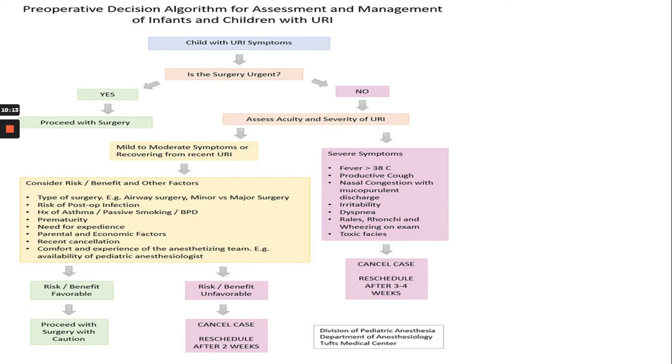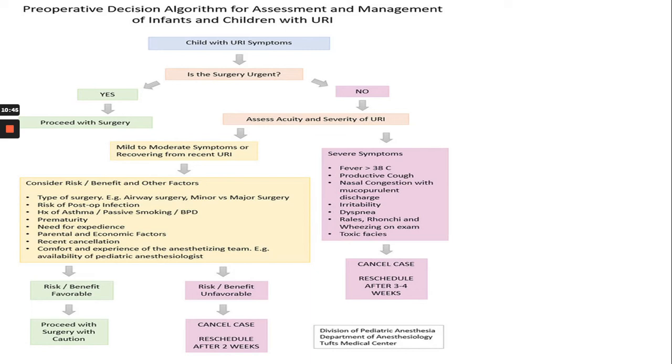We need to understand that when they developed these algorithms, they were developed not for pediatric anesthesiologists working at tertiary or quaternary care hospitals, but for a lone anesthesiologist working in a surgical center where there's very minimal support. So a lot of the decision making needs to depend on the environment the child is being operated on and the experience of the anesthesiologist and the care team taking care of them.